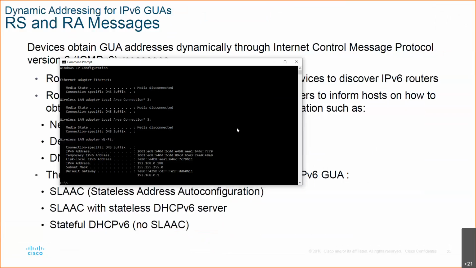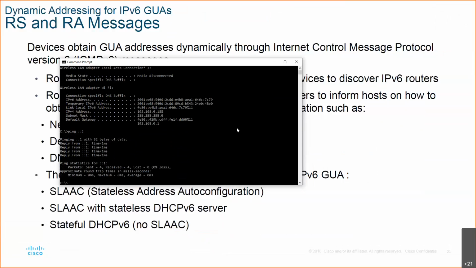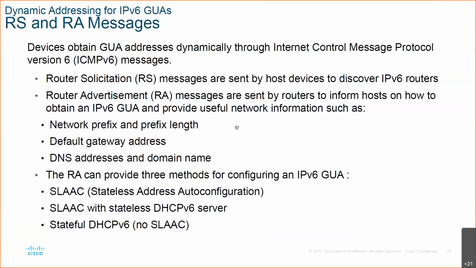When I say ping, the loopback, ping is actually your ICMP echo message. Similarly, you can get an address automatically by sending an RS, which is router solicitation message, which will be sent by your device.